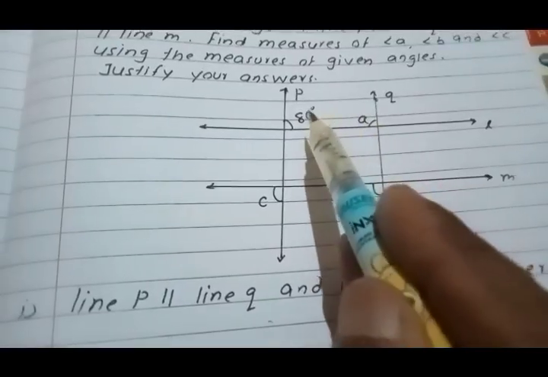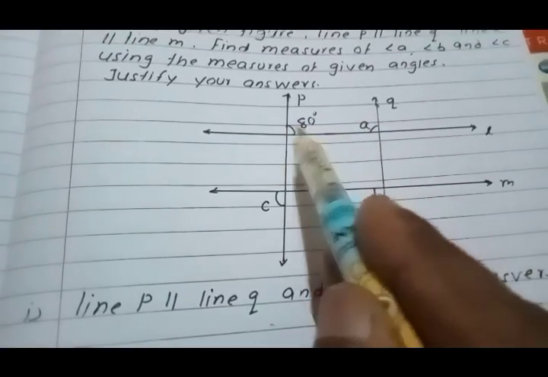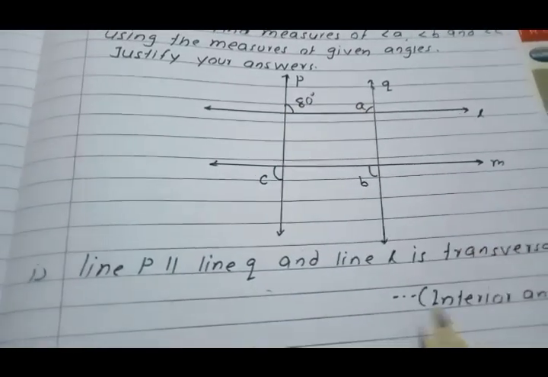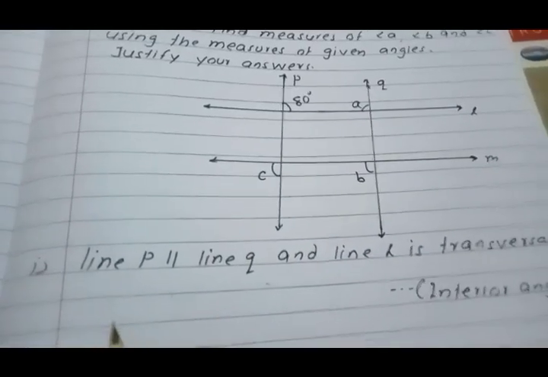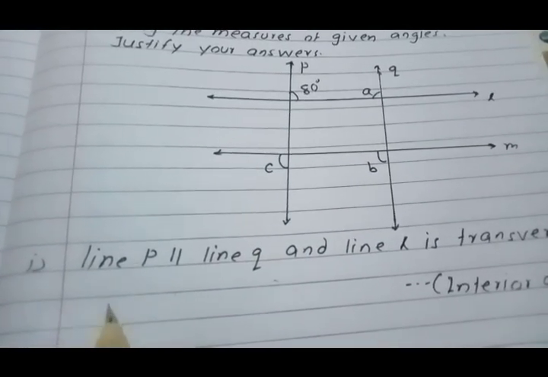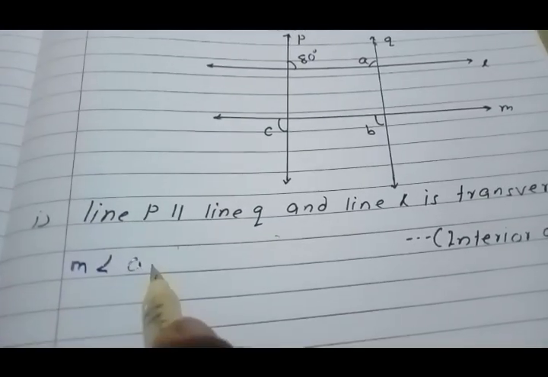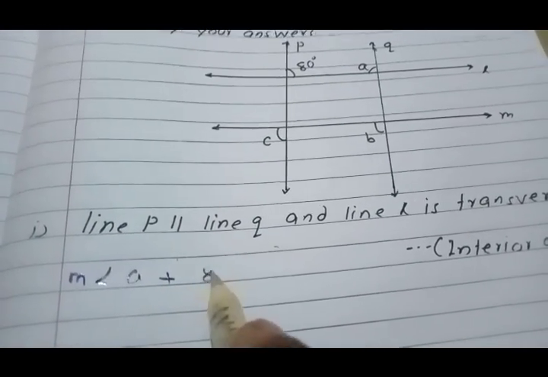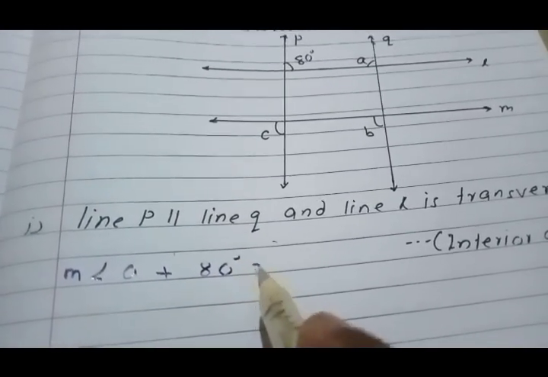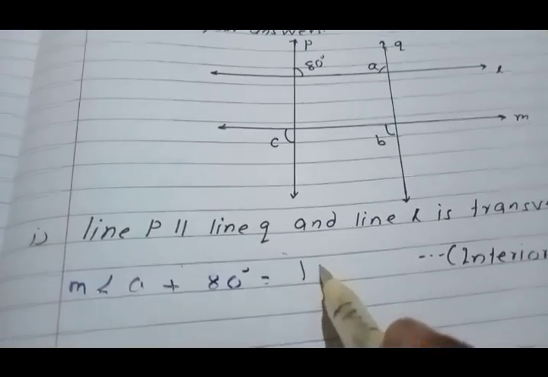So angle A plus angle 80 equal to 180 because interior angles are supplementary, both angles are supplementary. So here angle A plus 80 equal to 180.